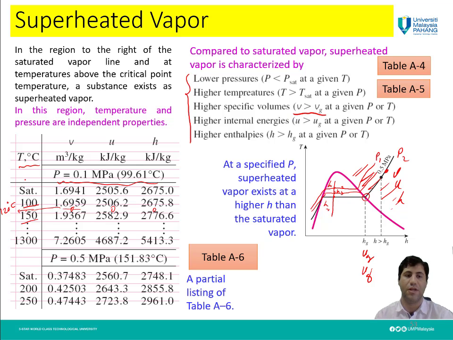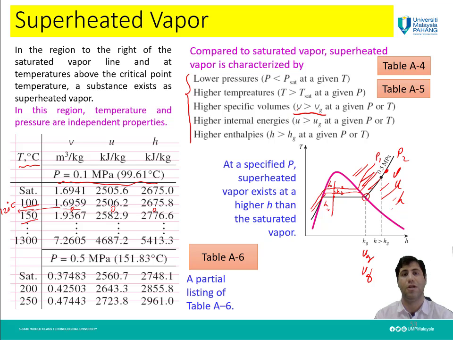So simply by this interpolation method, we can find the properties for a state which we don't have in the table, for a different temperature which is not in the table, and also for a pressure which may not be in the table, for example, in table A5. Let's see how we can do this interpolation process. I use a video which is prepared and it will help you to understand how you can do this interpolation.